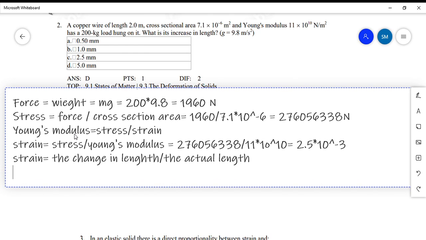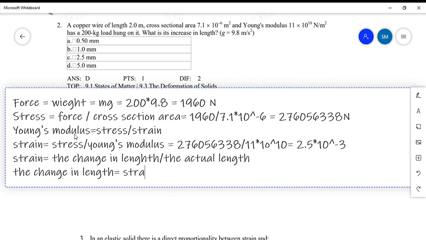So if we want to calculate the change in length, it is simply equal to the strain times the actual length. The change in length is equal to strain times the actual length.